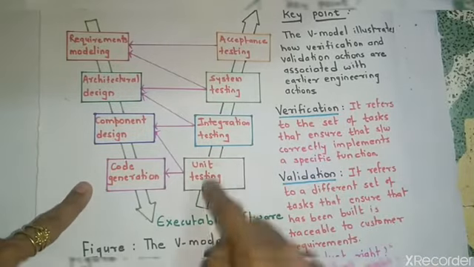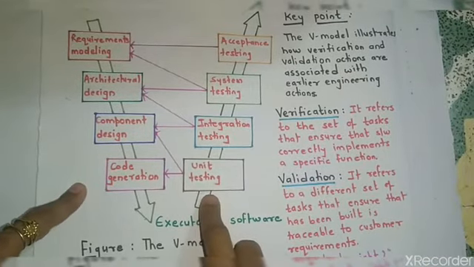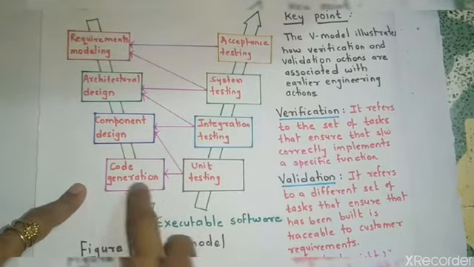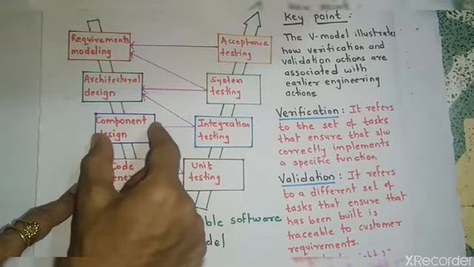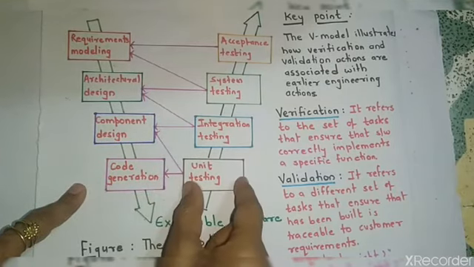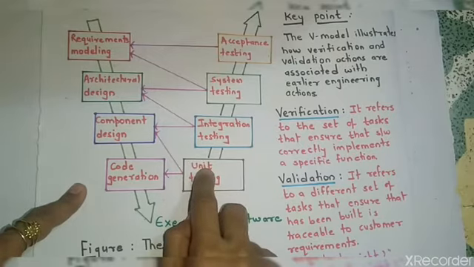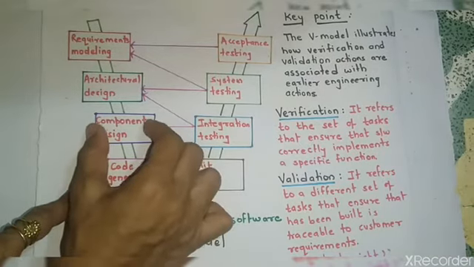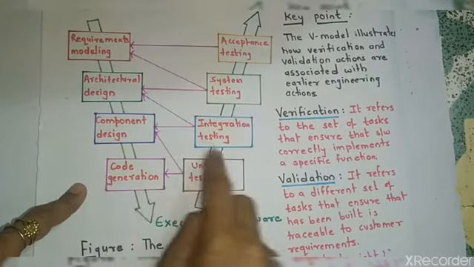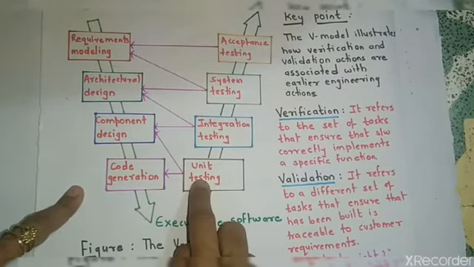Now we are going to talk about this right arm. Here, as you observe, it is all about testing. Once the component is finalized and its code is written, the testing team is going to perform unit testing. Here the unit is nothing but the smallest part, the component which is ready, one functionality which is ready, and we are going to perform the unit testing on it.